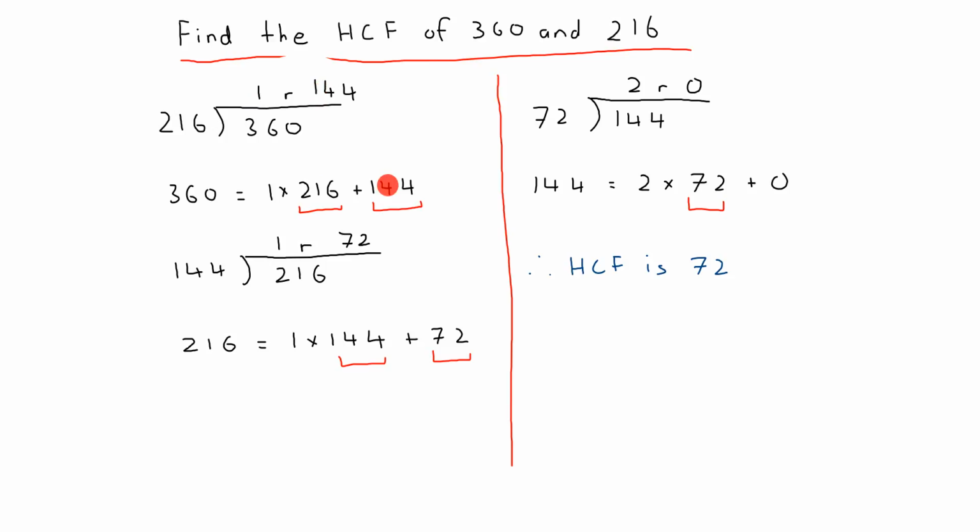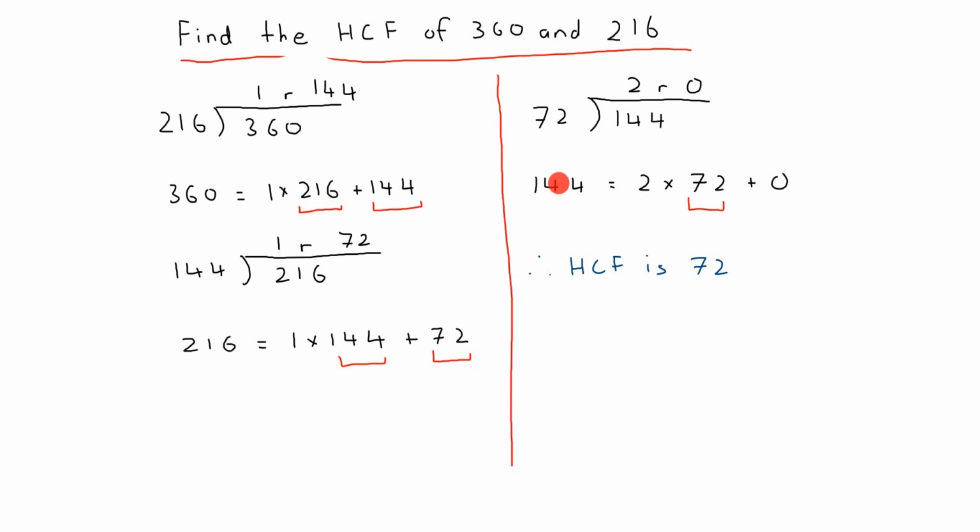So then I get 144 divided into 216. 144 into 216 is 1 remainder 72. So 216 is 1 by 144 plus 72. I divide 72 into 144. 72 into 144 goes 2, remainder 0.